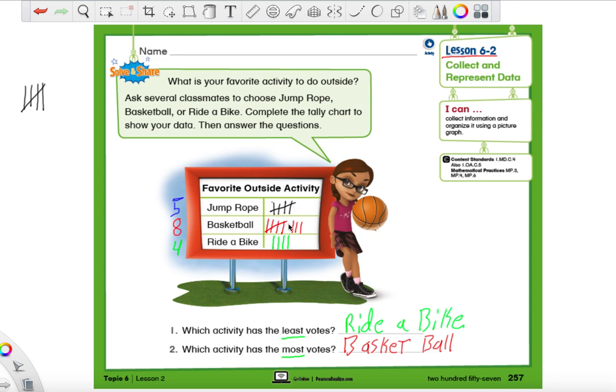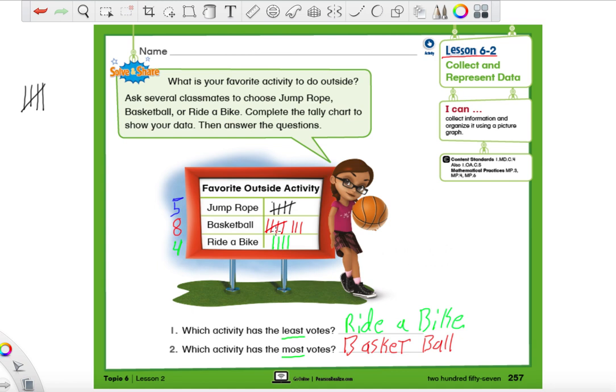That's it. But how could we show all this information a different way? Like, if we were trying to show this to someone in kindergarten, do you think they would be able to read this tally chart? I don't think so. When kindergartners are starting to learn to read and they're reading a book, what do they really focus on?